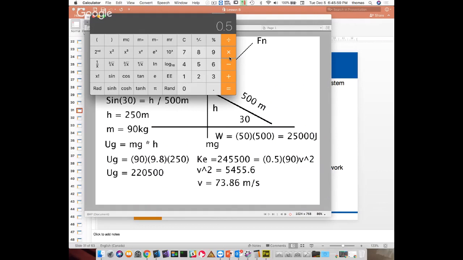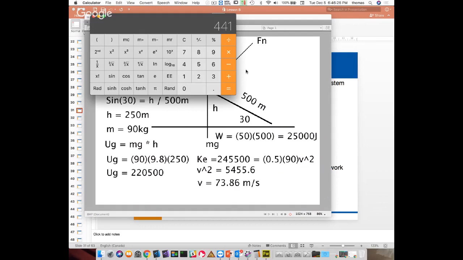Okay, we'll remember that. Sine of 30 times the normal force, which is 90 kilograms times 9.8 times 0.5, right? So that's the force in newtons, 441 newtons.